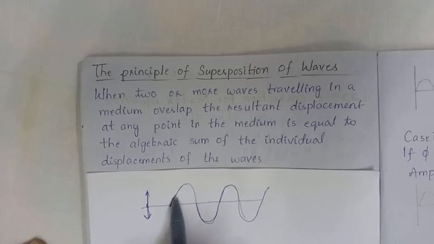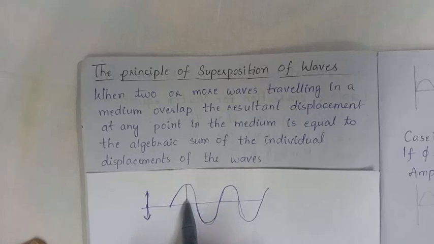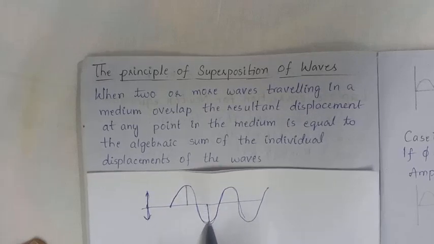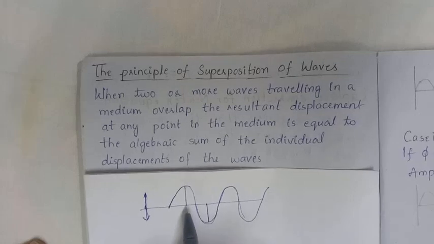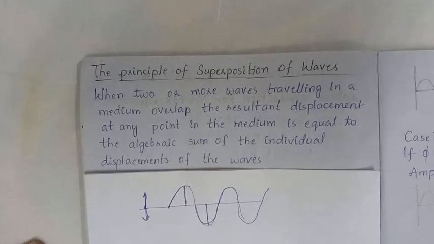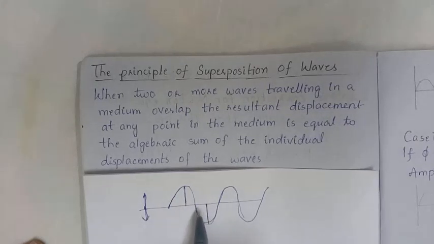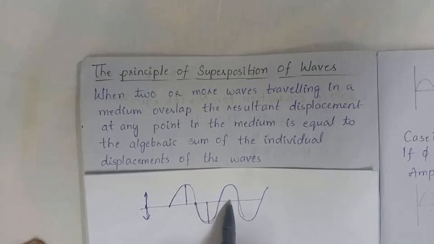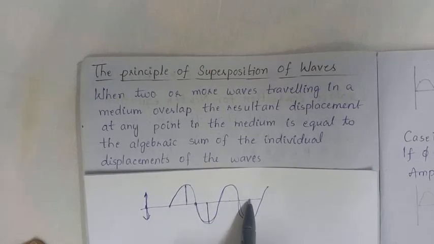Up means the amplitude is maximum, and down means the amplitude is maximum too, but up is in the positive direction and down is in the negative direction. In between, it becomes 0 amplitude: maximum, 0, maximum, 0.